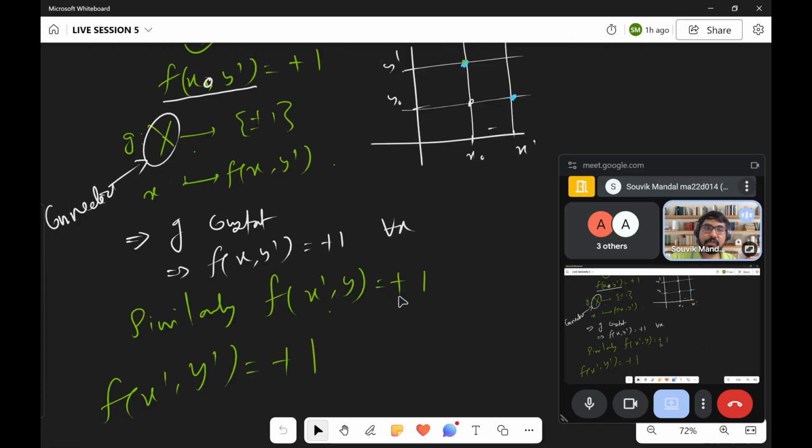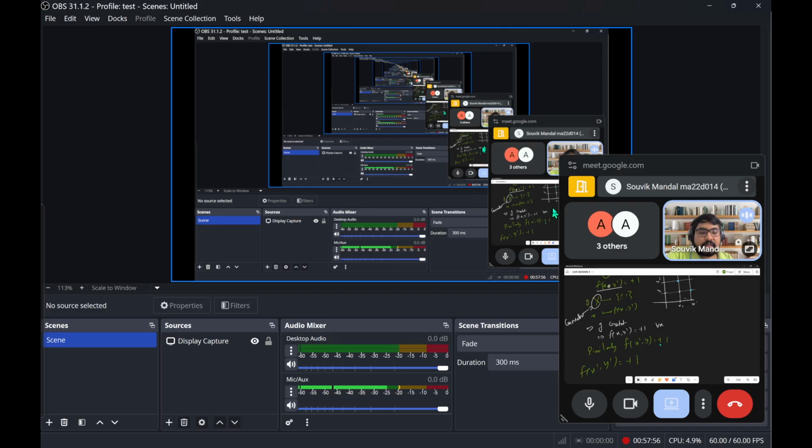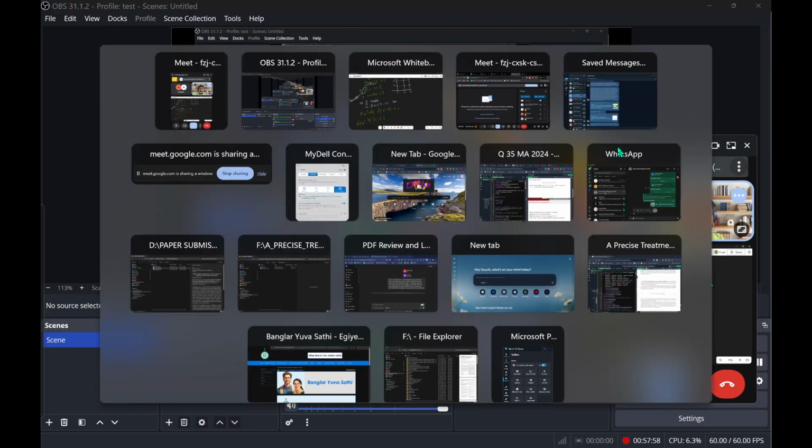So initially we assume that f of x naught comma y naught is plus 1, then we needed to show that f of x prime comma y prime is plus 1. So this tells that f is constant, so X cross Y is connected. So that is the argument. Is the argument clear, or should I repeat the argument?